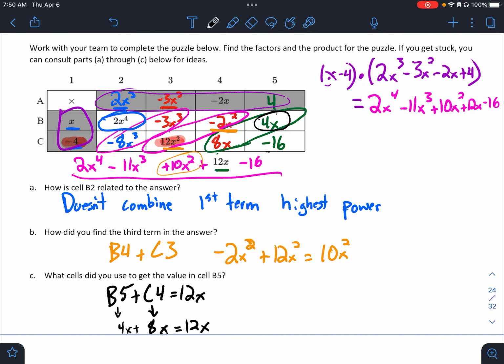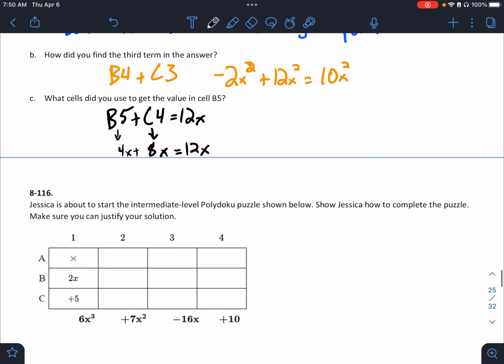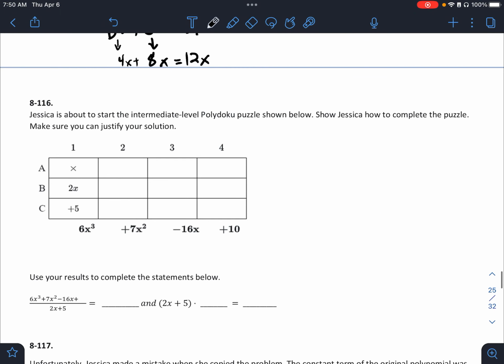Okay? So then the last one that we are going to do today, and we'll pick up later then on Wednesday when you come back, is what if we are just given one of our factors and our answer? How do we get to what this actually factors to be? So, couple things that we need to know.